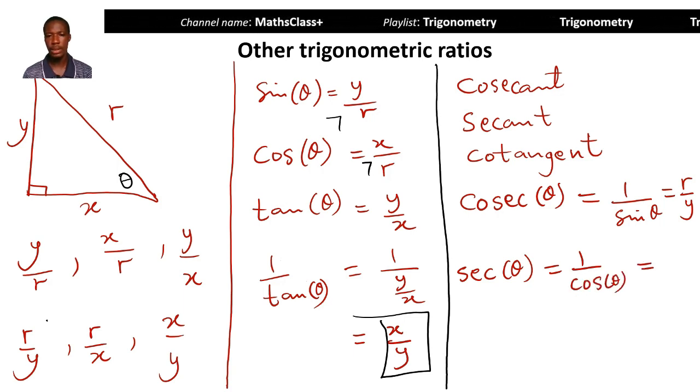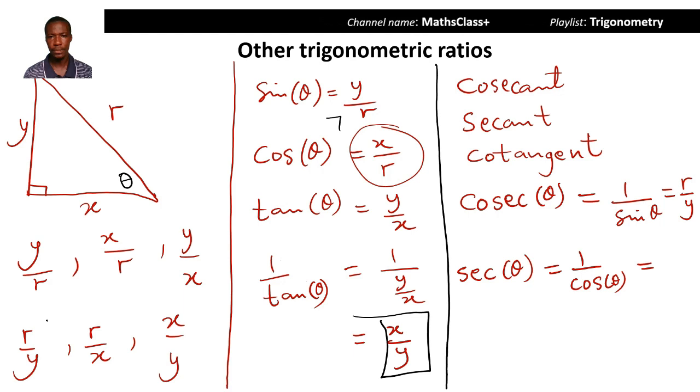And if you remember, cos theta is x over r, so the inverse will become r over x. And then you have the cotangent, which is also shortened as cot.